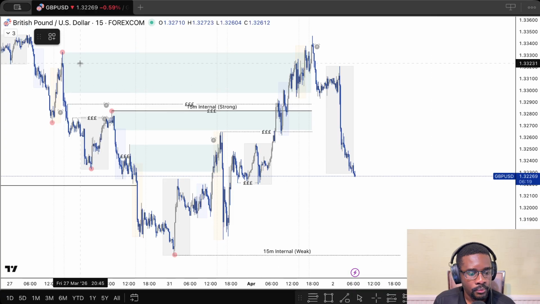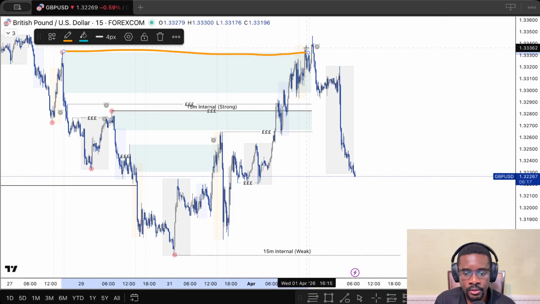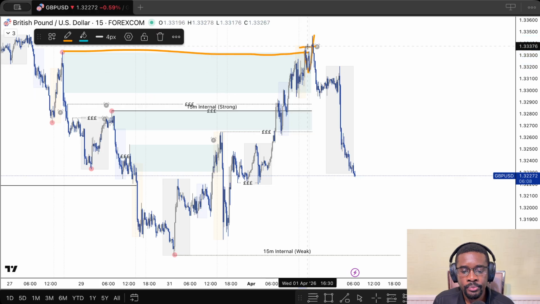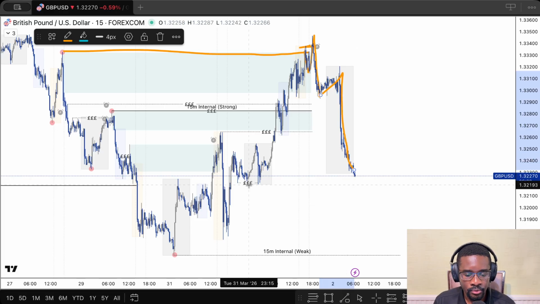Alright, so price did come up to take these areas and then give a reaction. Probably would have been enough for 1 to 3, depending on your stop loss, and then came back up, checked this area out, and then had a sharp drop afterwards. Alright, and now price is pretty much dropping.